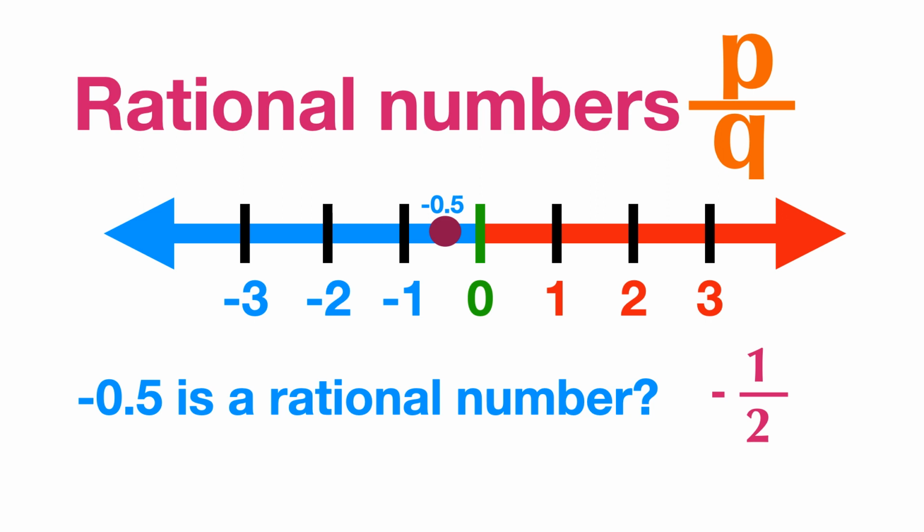Negative 0.5 is a rational number. Negative 0.5 can be expressed as negative 1 over 2 or -1/2.